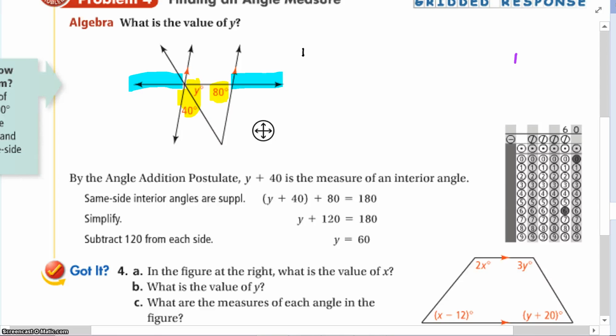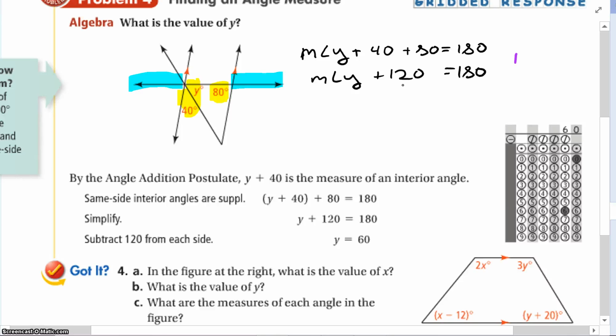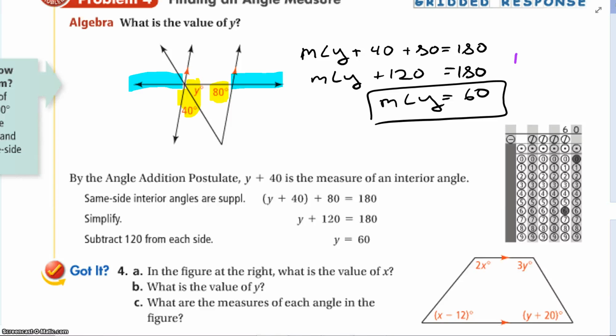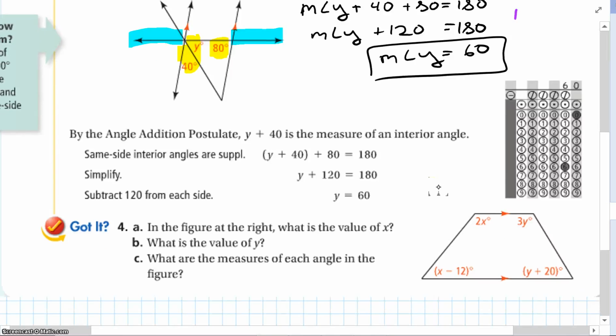So the measure of angle y plus 40 plus 80 equals 180, so angle y plus 120 equals 180. Subtract 120 from each side, and the measure of angle y equals 60. So we got that one pretty easily.